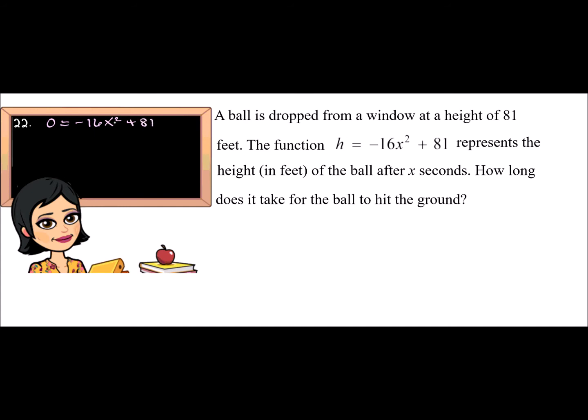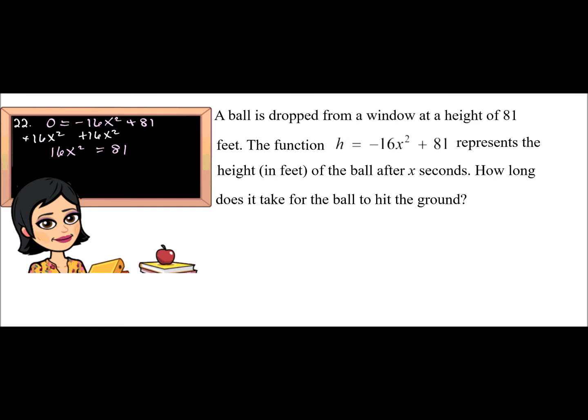Most of you, to solve this algebraically, would probably subtract the 81 to the other side. I like to keep things positive, so I'm going to add this negative 16 instead. So now I have a positive 16x squared on the left side, and that's equal to an 81.